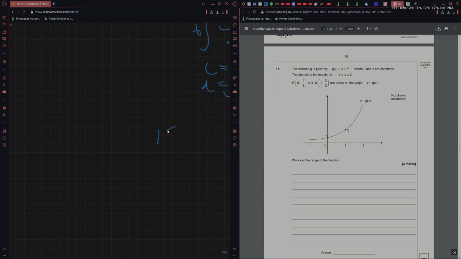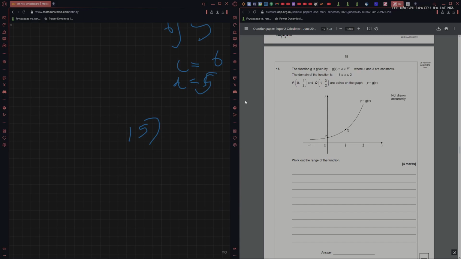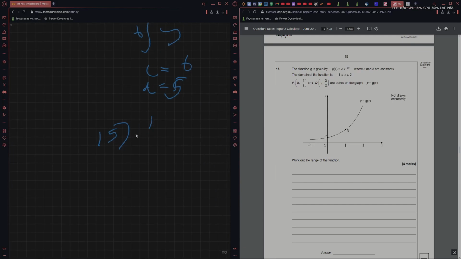15, so we got some exponential graphs here. We got these points here, p is the y-intercept. I'm a bit shaky on exponential graphs, so we know it's half times b to the x, I think that's what it is. Because anything to the 0 is 1, so it'd be half times b to the x, because the y-intercept is 0, half.